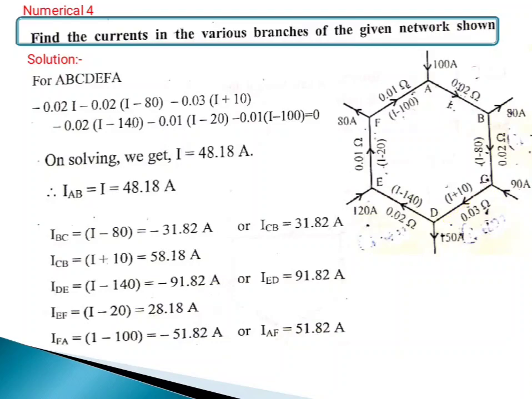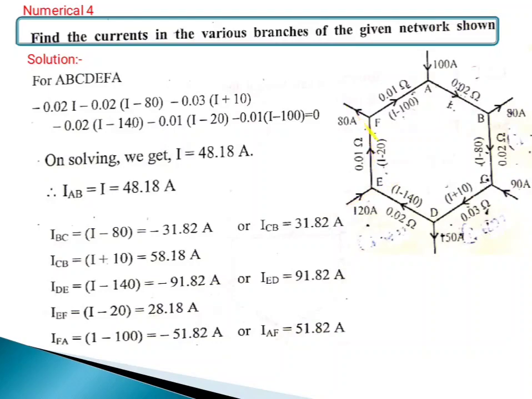Then at this point 150 amps is going out, so I plus 10 minus 150, which is I minus 140. Then 120 amps is coming in, positive, so I minus 140 plus 120. This is I minus 20 going in this particular branch.